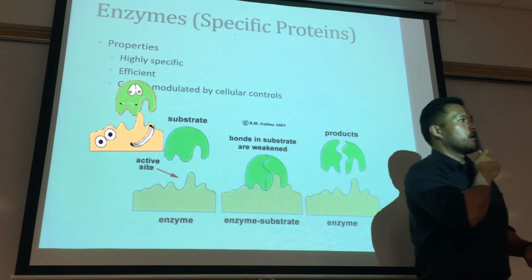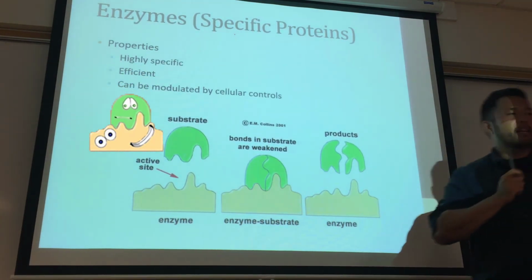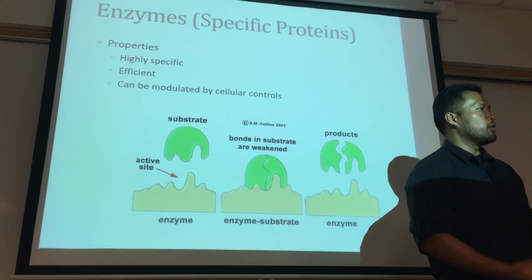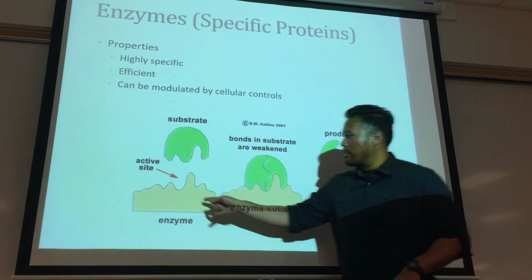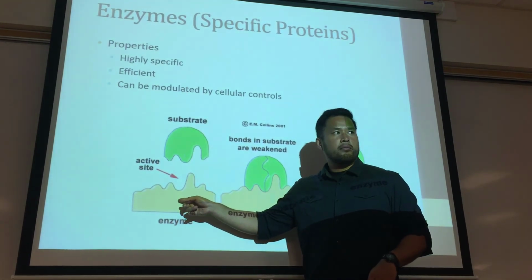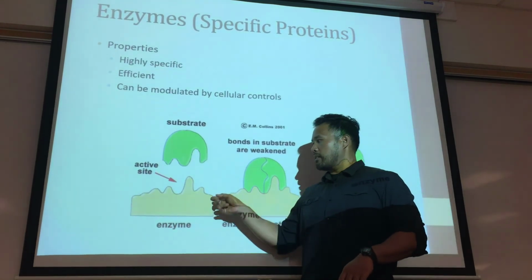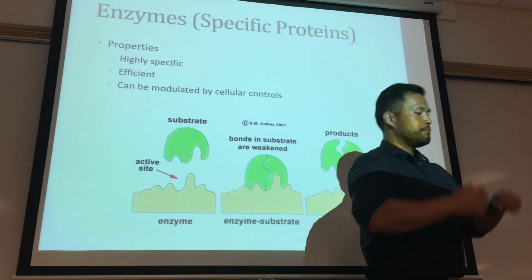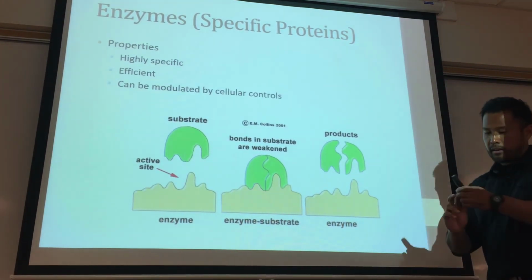It's attracted to it. It literally will fit like a lock and key. So if you look at the shape of man, and this enzyme is supposed to bind to it, it'll be the exact opposite formation that allows it to literally bind together. So that's the active site.